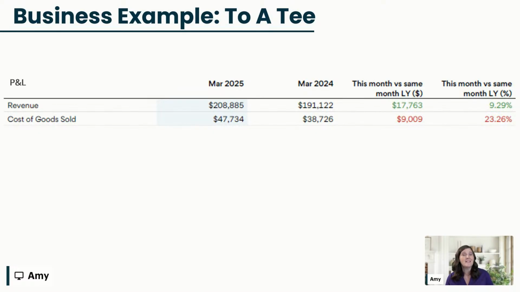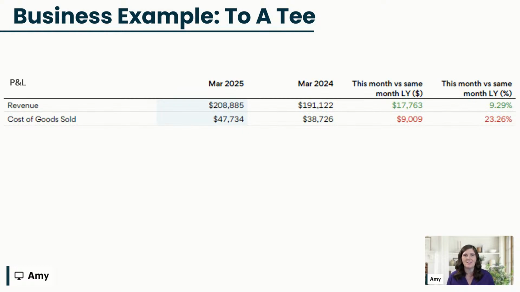Maybe we had to pay some overtime. Could be any one of those things. Maybe we didn't have a tariff last year and we did this year. Or maybe the shipping cost of getting it from point A to our store in New York City, maybe that price went up.